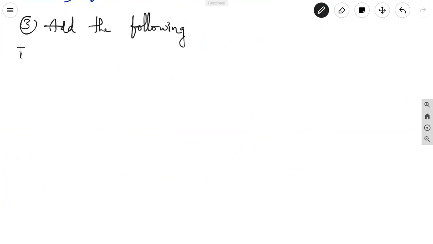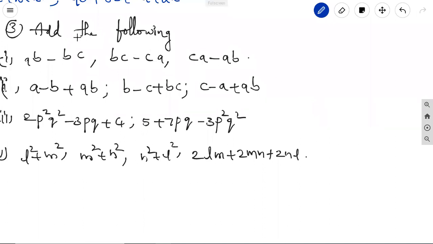The first question: AB minus BC, BC minus CA, CA minus AB. First, you write suitable terms one after another. Here, first you can write AB minus BC.